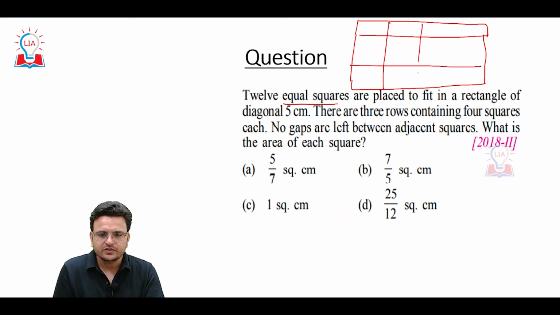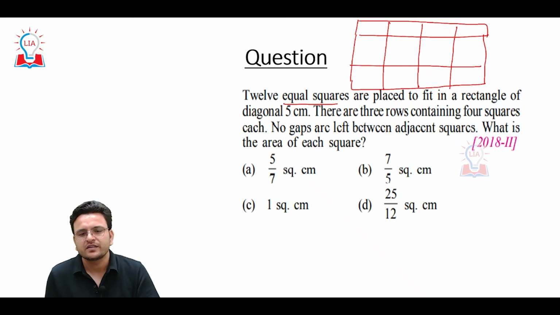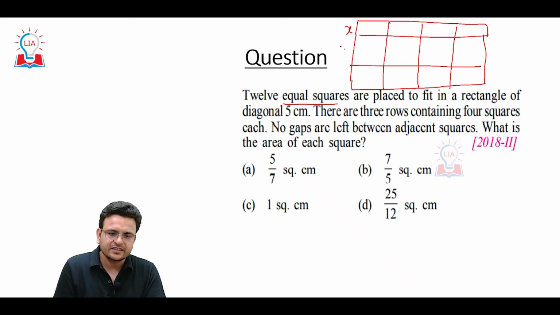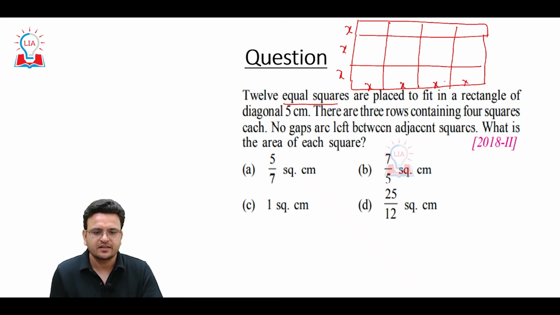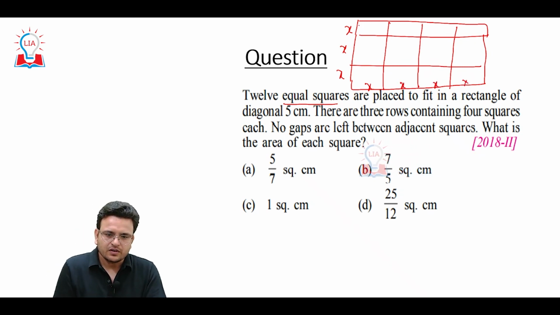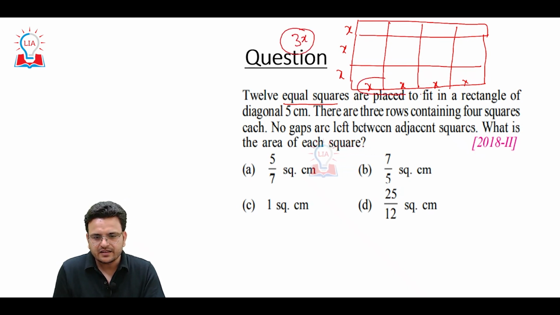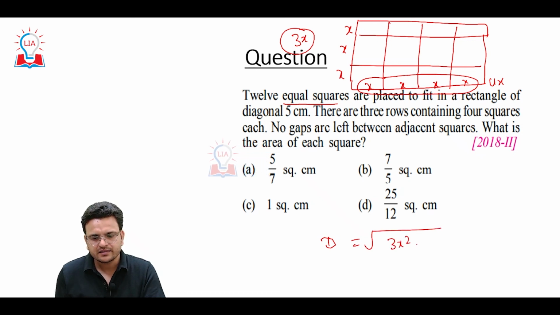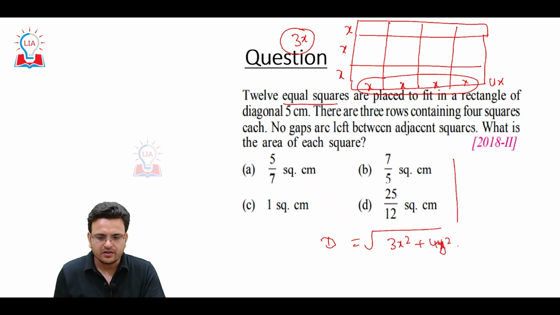1, 2, 3, 4. Okay, consider this is x, this is x, this is x, this becomes x, x, x, x. So the breadth of the rectangle will be 3x and the length of the rectangle will be 4x, and then the diagonal will be under root 3x square plus 4x square, or the diagonal is 5.